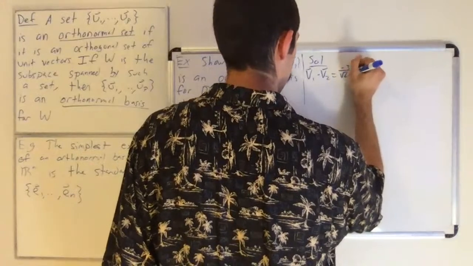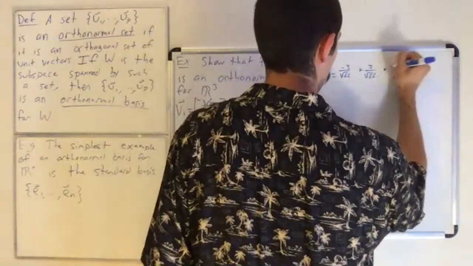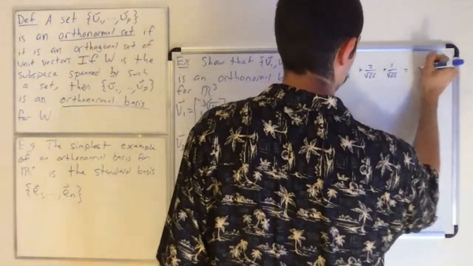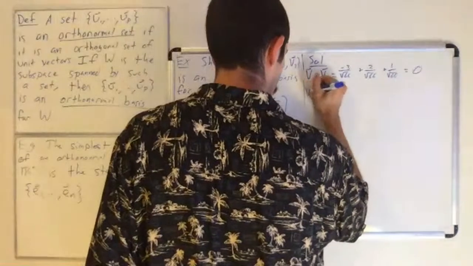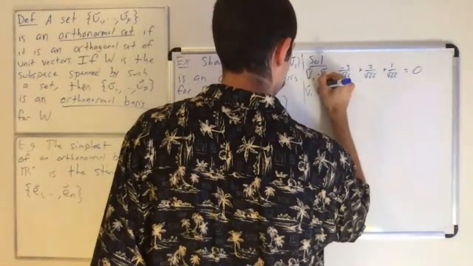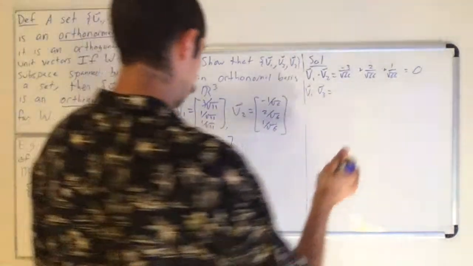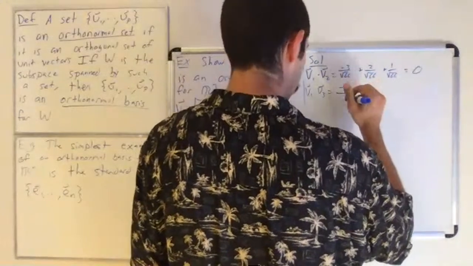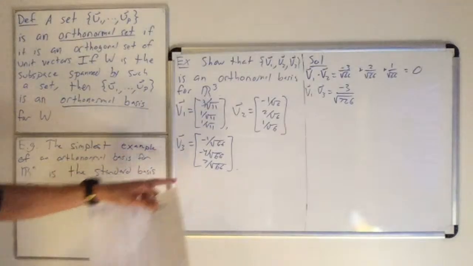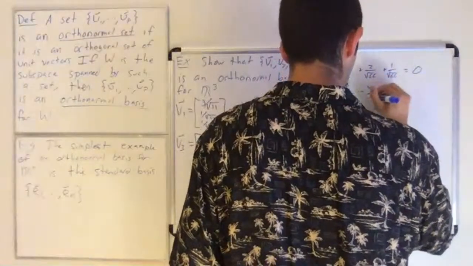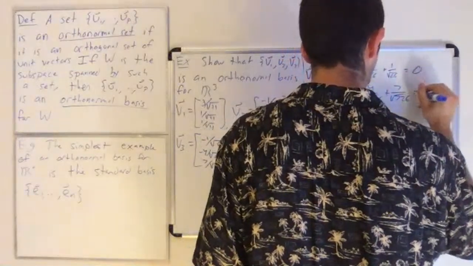V1 dot V2 is equal to -3 over root 66 plus 2 over root 66 plus 1 over root 66, which is equal to 0. V1, V3 is equal to -3 over root 726 minus 4 over the same denominator plus 7 over the same denominator, which again is equal to 0.